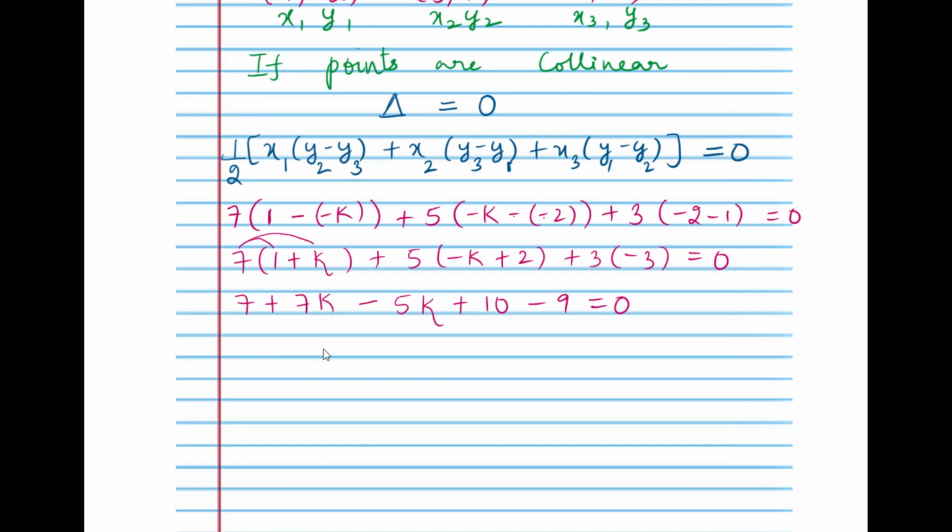Now group all the k terms, that is 7k minus 5k is 2k. Now 7 plus 10 is 17. 17 minus 9 is, we get 8.